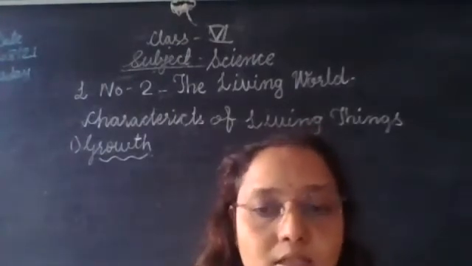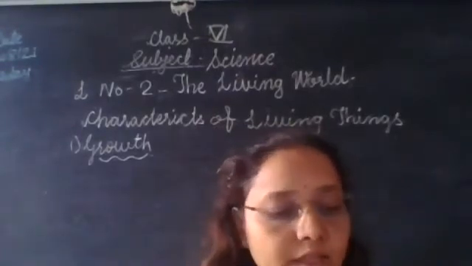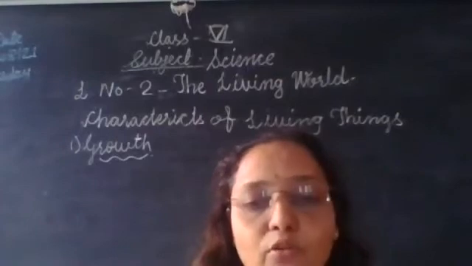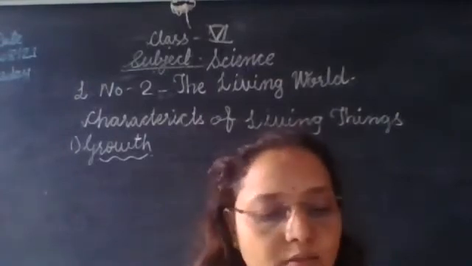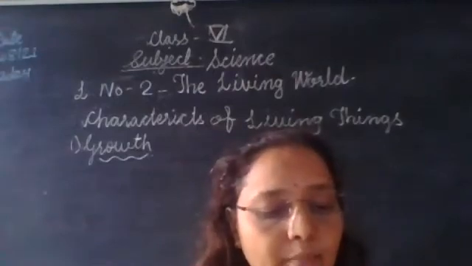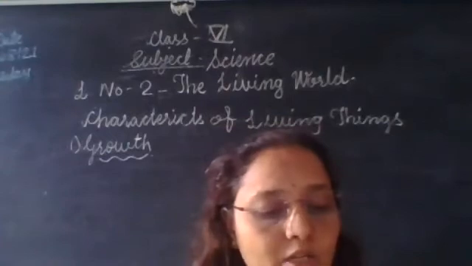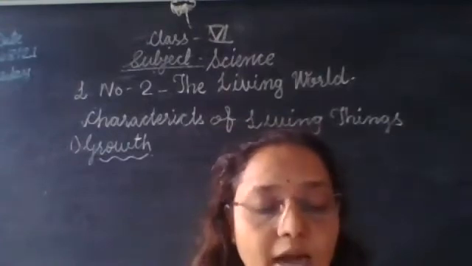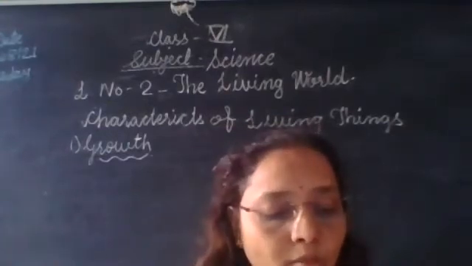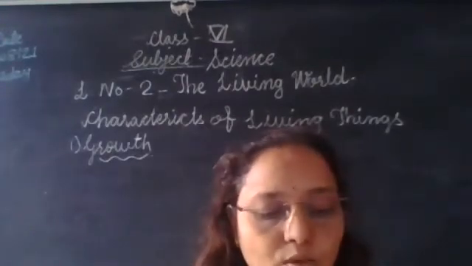All living plants grow. Growth is an increase in the size and volume of an organism. Living organisms develop and mature, they grow. A baby grows into a child, into an adolescent, and then into an adult. So that is growth.